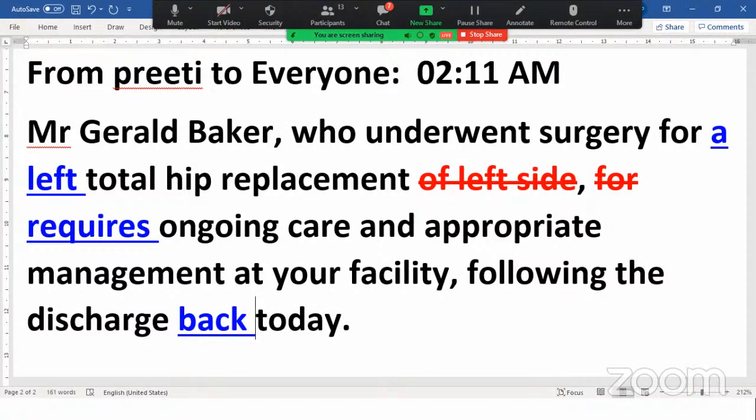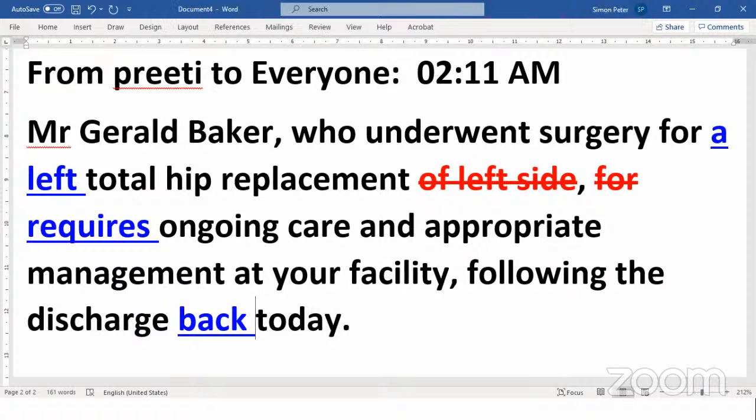Discharge back to your facility today. You can bring that at your facility and put here also. Following the discharge back today.